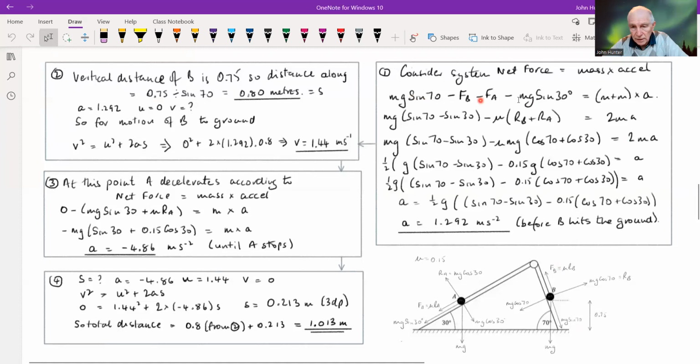Okay, so that's that expression there, and that's going to equal the mass of the system. Well, both particles are of the same mass, we call that m, times the acceleration.